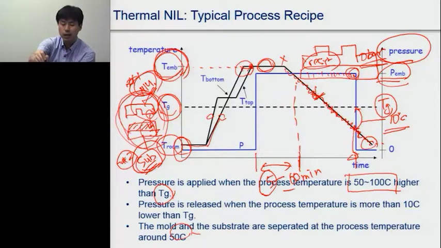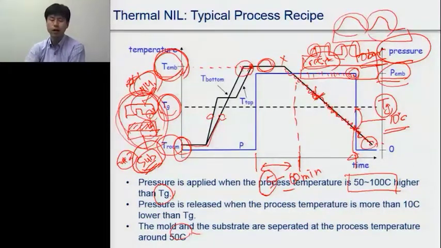So the patterns we just transferred by the pressing process can reflow. Instead of maintaining these sharp edges, it can reflow and make round structures.